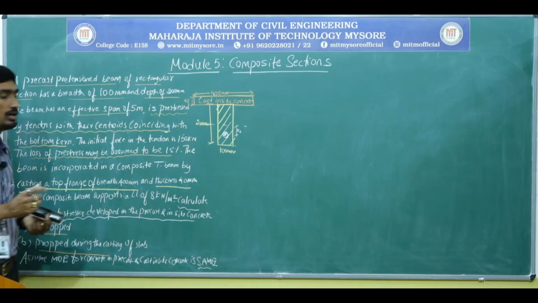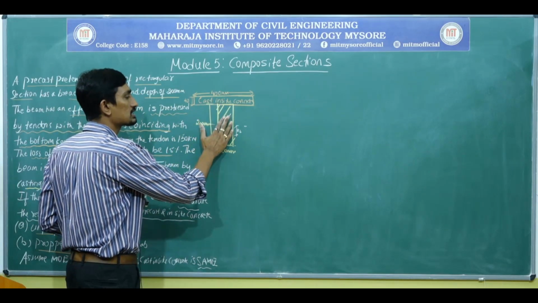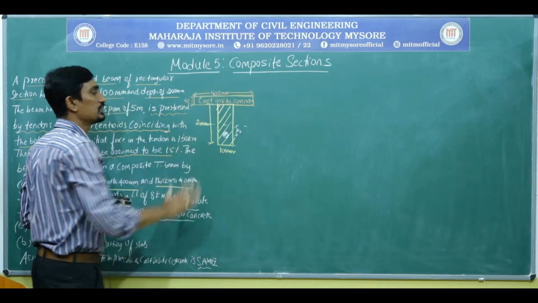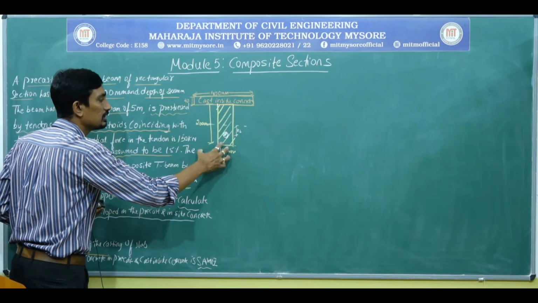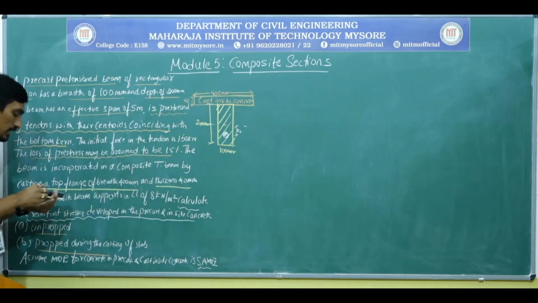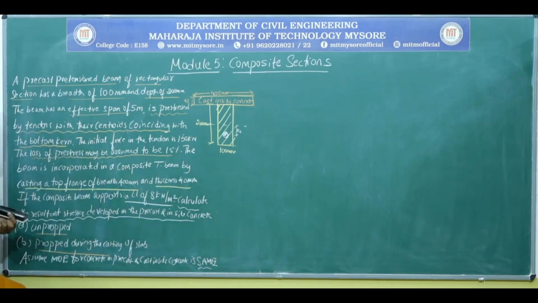As I stated, a composite section is a combination of a precast pre-tension beam and a cast in situ concrete slab. Next, this particular composite section has been subjected to a live load of 8 kilonewton per meter square.